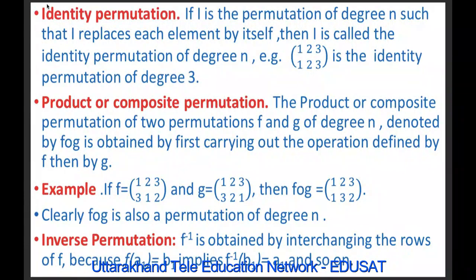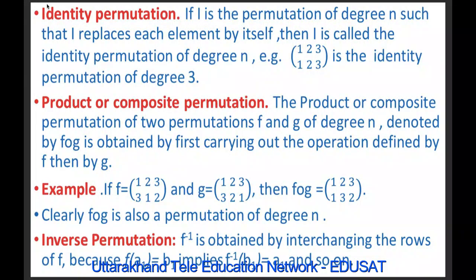Now the product or composite permutation. The product or composite permutation of two permutations f and g of degree n, denoted by f of g, is obtained by first carrying out the operation defined by f and then by g. If f is equal to 1, 2, 3 in the first row and 3, 1, 2 in the second row, it means the image of 1 is 3, the image of 2 is 1, the image of 3 is 2 under f.